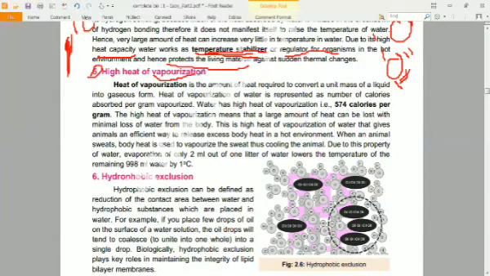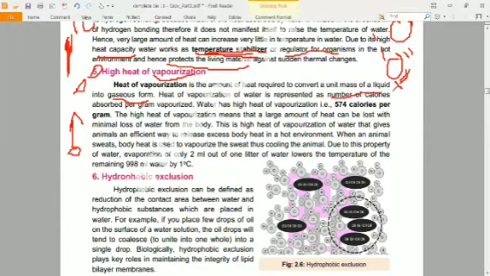Vaporization is the changing of water molecules into the gas form, and the heat required to get it into the gaseous form is called heat of vaporization. So water has a high heat of vaporization.